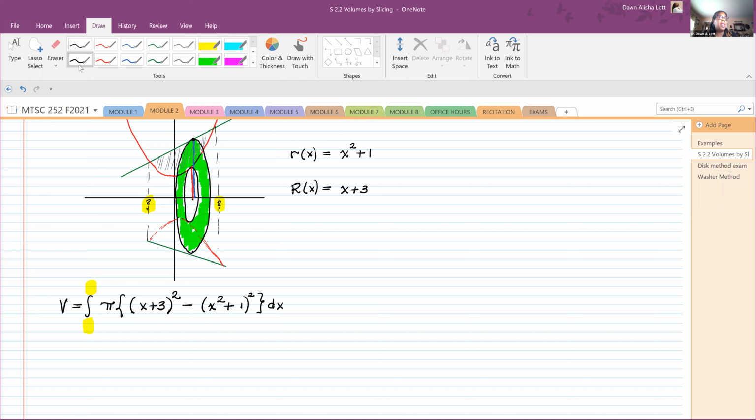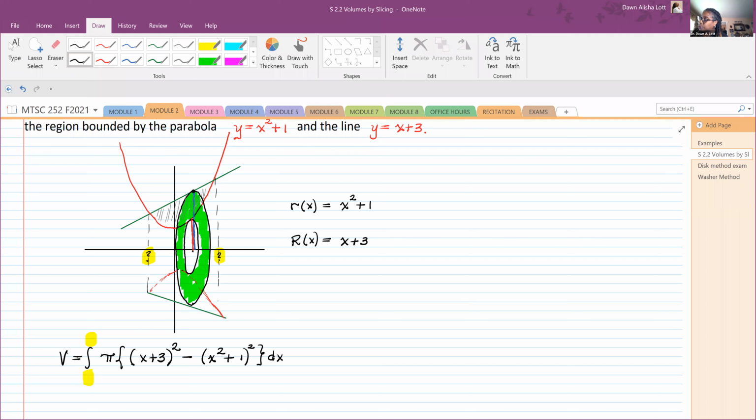We have to find a mathematically sound reason that's going to give me my limits of integration. So what do I know about the two curves right here? Is the bottom number 3? Yes, 3. Okay.